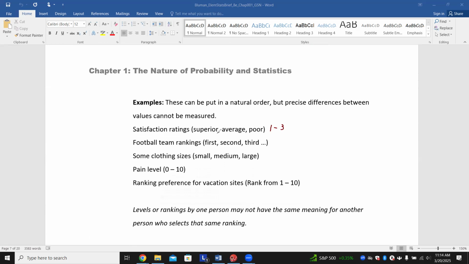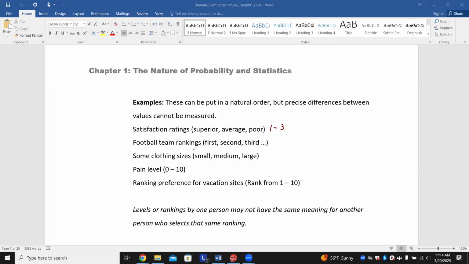Football team rankings. You're in first, you're in second, you're in third. Now it's ordinal because now we have a place for you. Clothing size, small, medium, large, has a ranking. Pain level, you have a pain level rating from 0 to 10. That is a rank. Ranking preference for vacation sites, rank from 1 to 10. So it can be in a specific order and be ranked at different levels, but one person may not have the same meaning as another person who selects the same ranking.